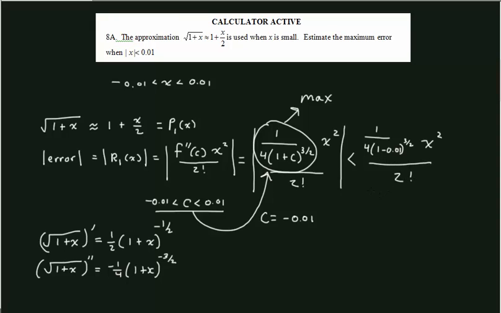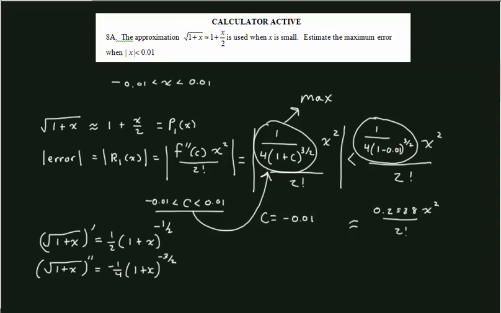Now I've gotten rid of the absolute value because everything is positive, including x, because it's squared. Then I'm going to figure what this is, and that is going to be approximately 0.2538. Again, x squared over 2 factorial.